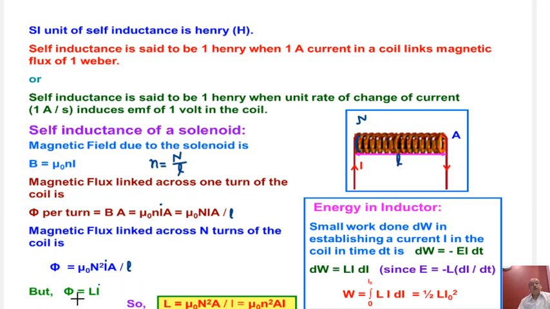Taking the equation phi is equal to L i, we compare these two. The L will be equal to mu 0 N square A by L. Or if we take it in per unit length turns form, then it will be mu 0 n square A L.